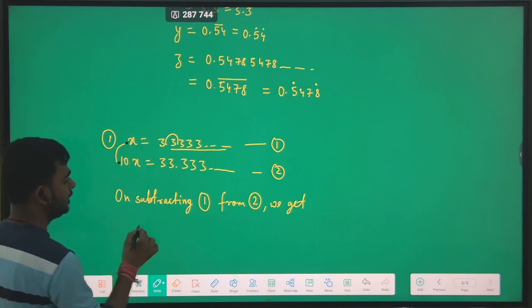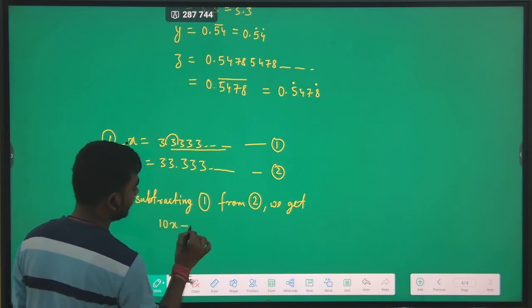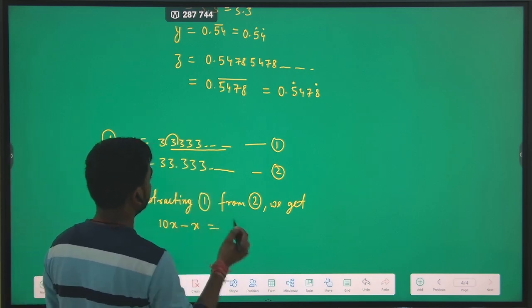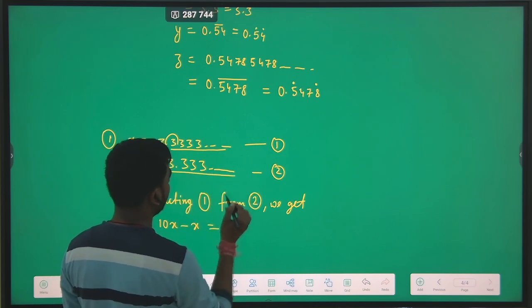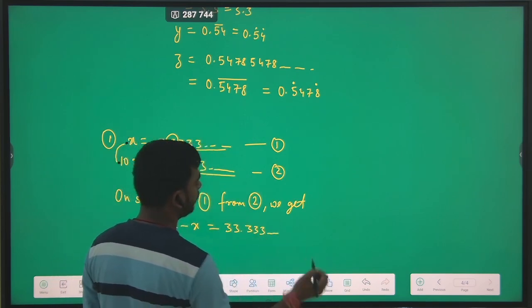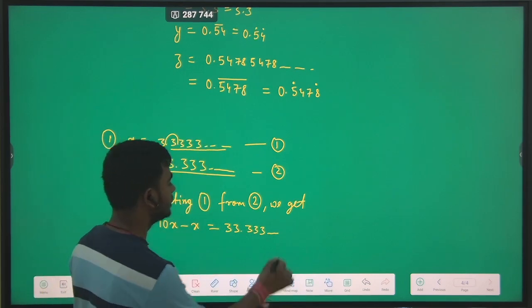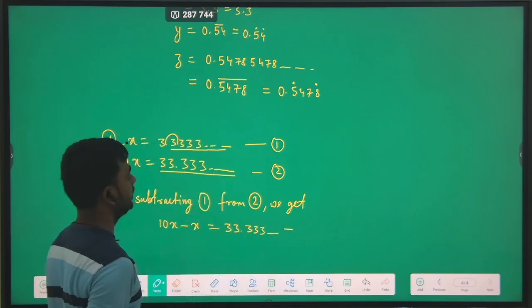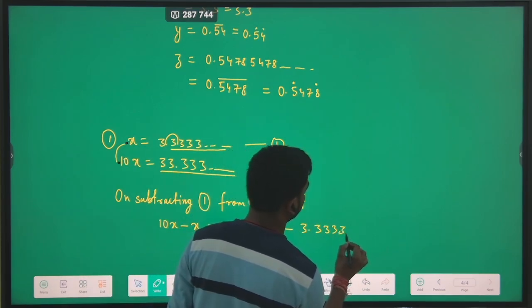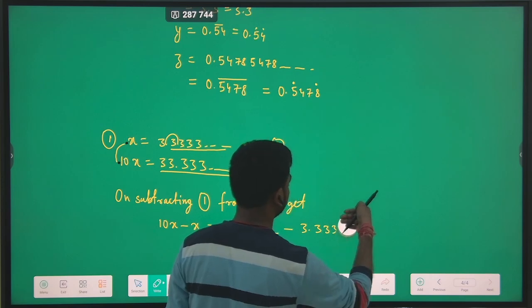This will be 10x minus x, which will be equal to 33.3333 continued up to so on, minus our first part, 3.3333 continued up to so on.